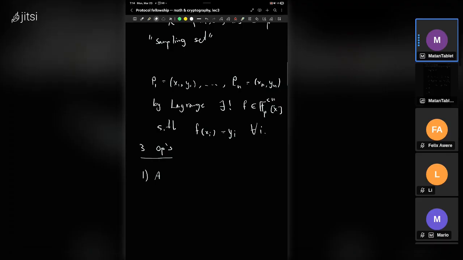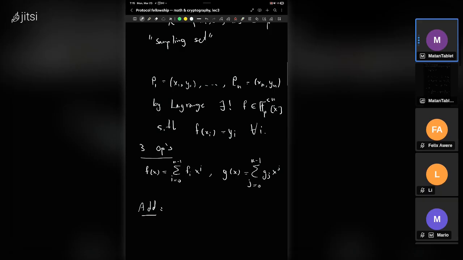So if I give you 2 polynomials, f is the sum of fi x to the i, i equals 0 up to n minus 1, and g is the sum of gj x to the j, j equals 0 up to n minus 1, then you can add these 2 polynomials.